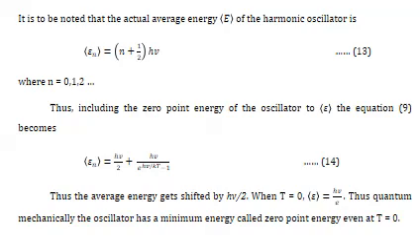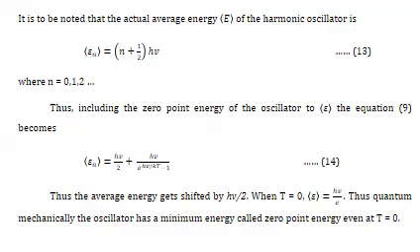We studied these things in quantum mechanics also. When T is equal to 0, even in the ground state, the average energy should be h nu by 2, which is called the zero point energy. Here also the same thing happens.